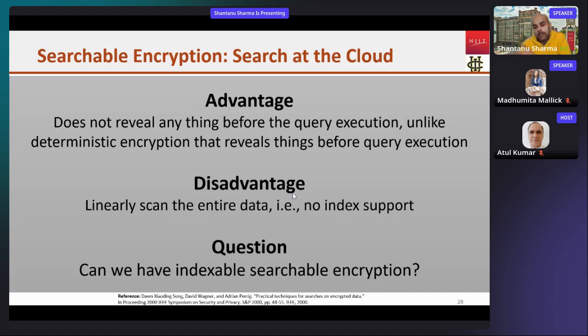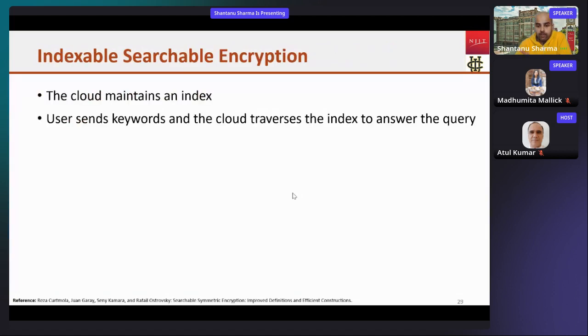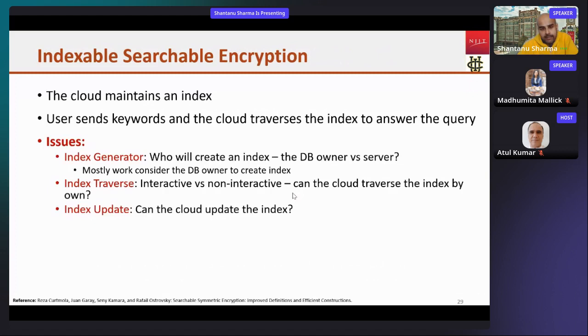So instead of reading the entire data set, can we develop some technique where we need to read only a small amount of data? There are some techniques that can provide indexable searches. They build some encrypted index, and the user can search based on the encrypted index. But here are some challenges that we need to deal with whenever we deal with indexable searchable encryption.